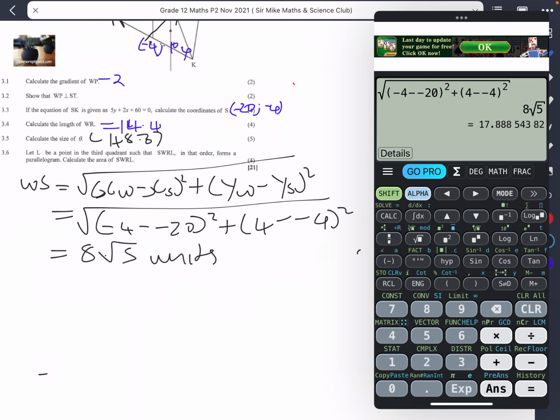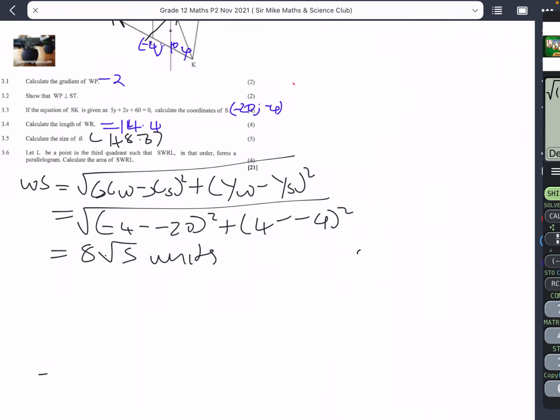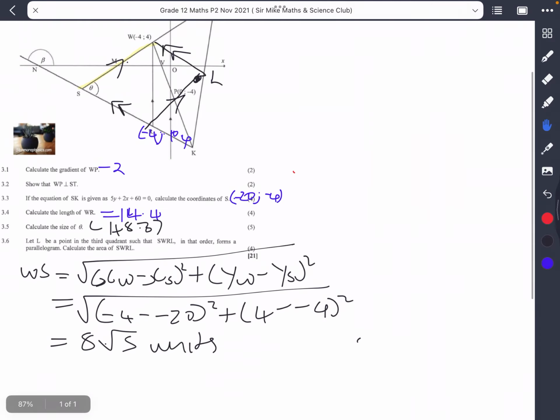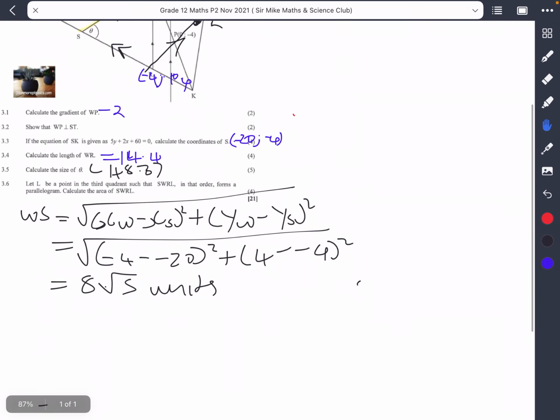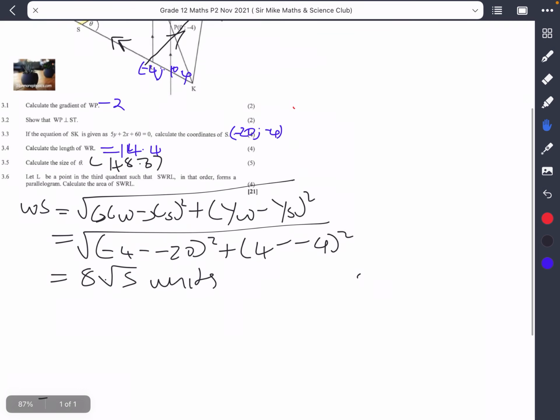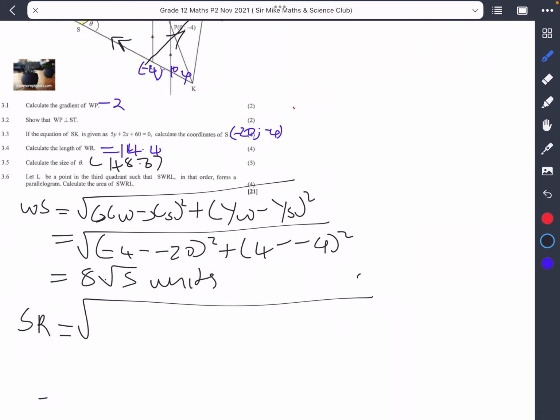So what I'm gonna do in this case is calculate now the length of SR. I'm also gonna use the distance formula. So SR would simply be equal to the square root of x at S minus x at R, square that, plus y at S minus y at R, square that.